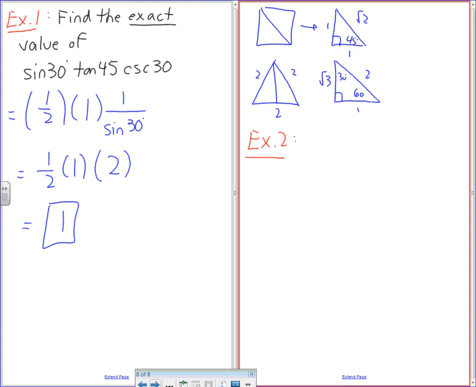Find the exact value of. Pick up the pace a little bit.